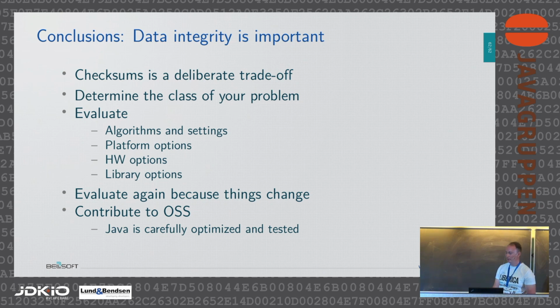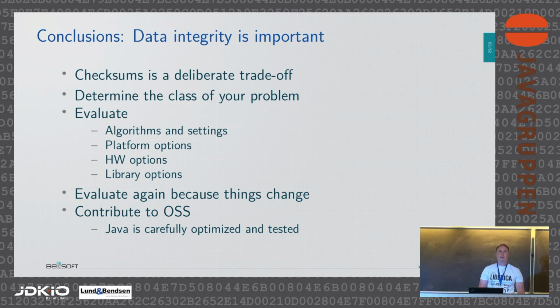Maybe you will need hash codes, maybe you will need secure hash functions. Maybe you will need error correction codes, like Reed-Solomon codes or something. Then prove your choice. Well, make an evaluation, run benchmarks, look into implementations, pick your options, like pick the size of your blocks if you calculate CRC checksums. Pick your hardware.